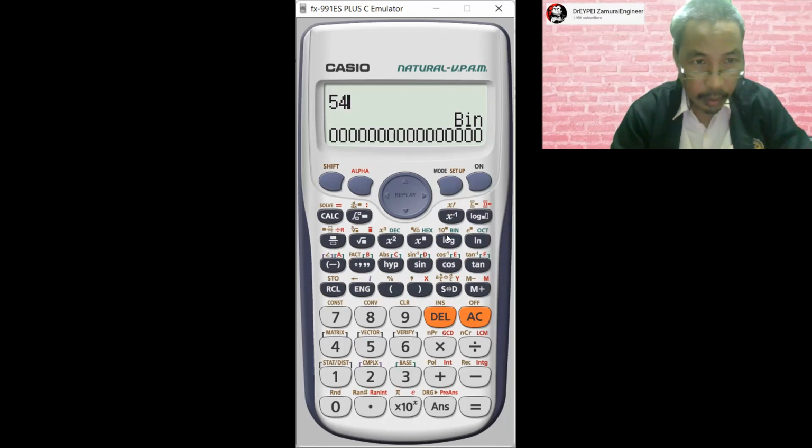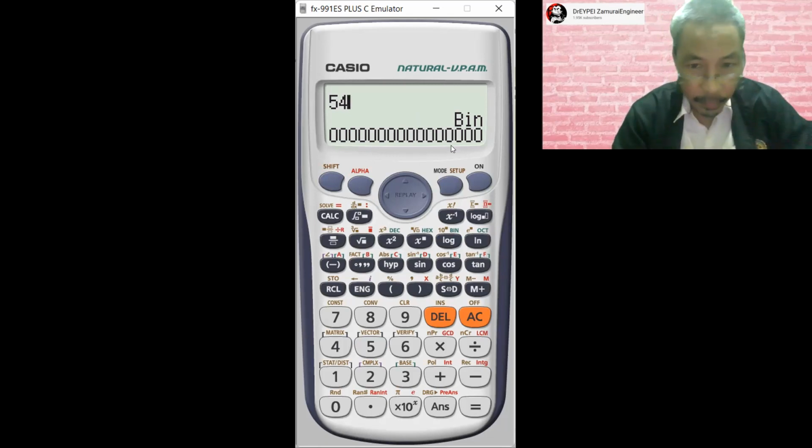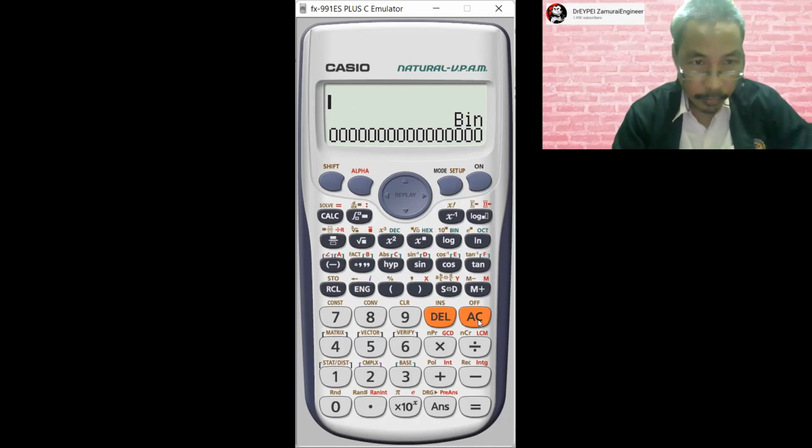So, that is not correct. 54 is not equal to 54 in binary, it is different, no? Sir, pindutin nyo po muna yung equal po, sir, para po lumabas po yung sagot ng binary po. Okay. That's correct. So, 54. So hindi pwede, no? So I can do it in the real calculator.